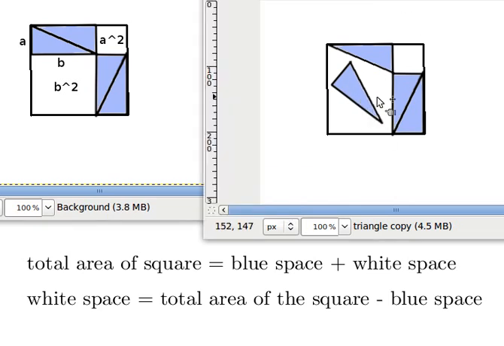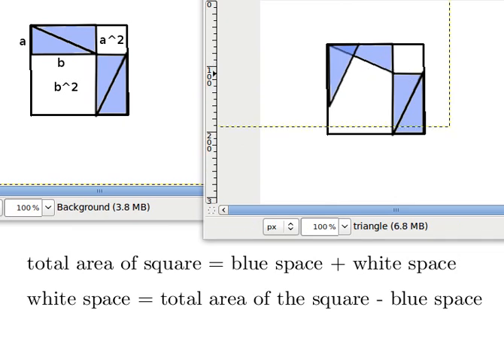Let's take this and move it so we get it right here. Now I'm going to make these so that they don't overlap. Obviously, if you make them overlap, then these statements are not true.